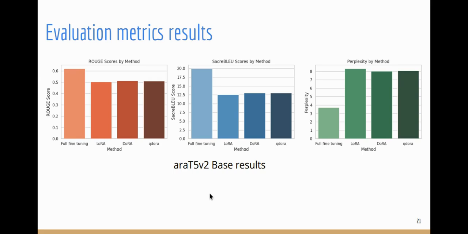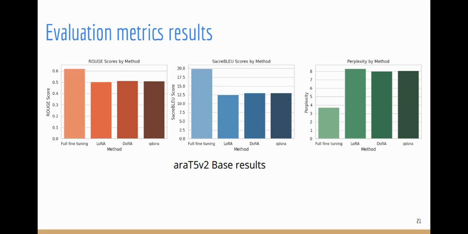As for the evaluation metrics results, we see that LoRa, DoRA, and QLoRa have very close results, and they're not very far from the full fine-tuning. And same with perplexity. At the end, I added the perplexity after the fine-tuning of the models.